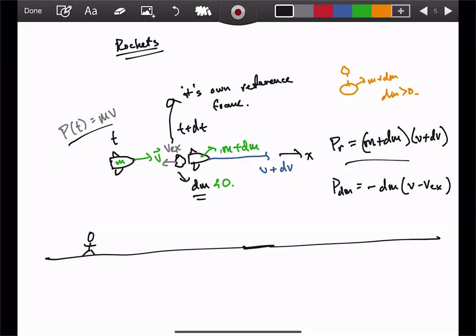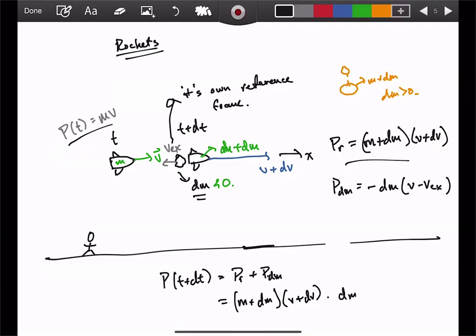So the total final momentum will be equal to the momentum of the rocket plus the momentum of the differential mass, which is the same thing as the mass plus dm times v plus dv, minus dm times v minus v expulsion.